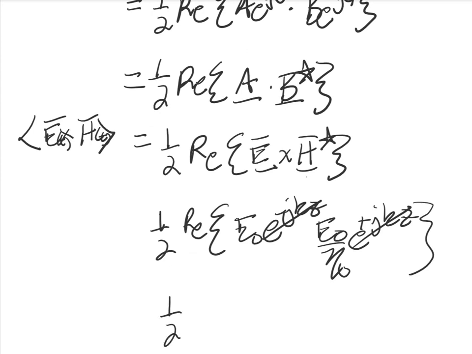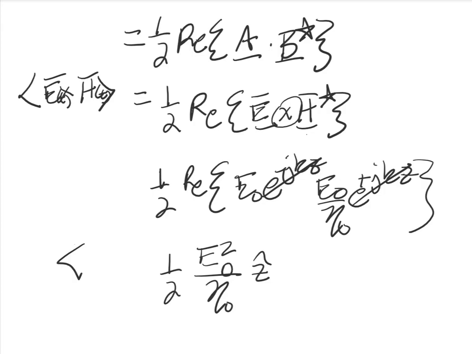You just get 1/2 E naught squared over eta naught. Now it was a cross product, so that cross product is what then gives us the direction, which is the direction of propagation, which for an x-directed E field and a y-directed H field gives us a z-directed propagation.